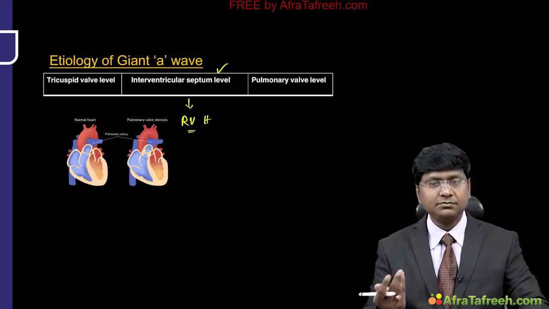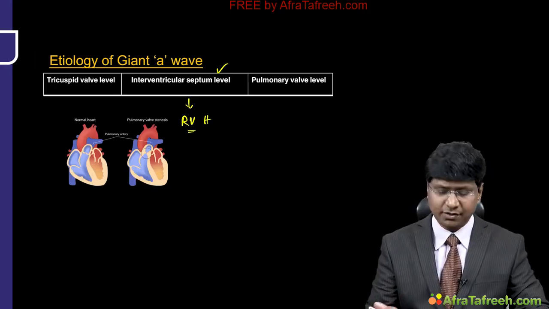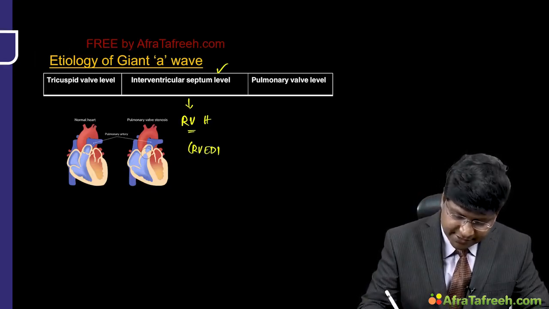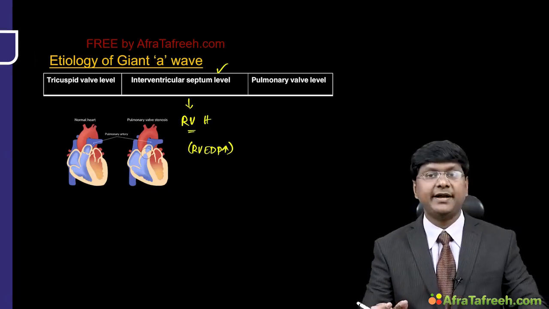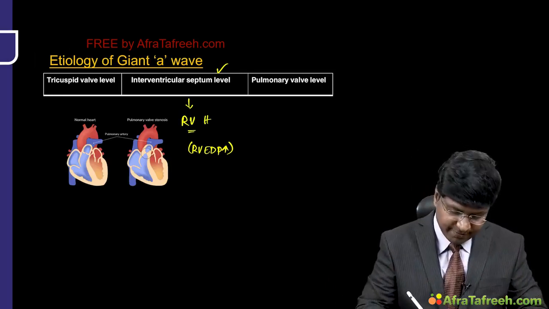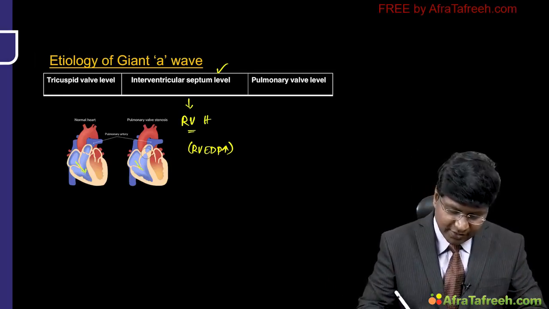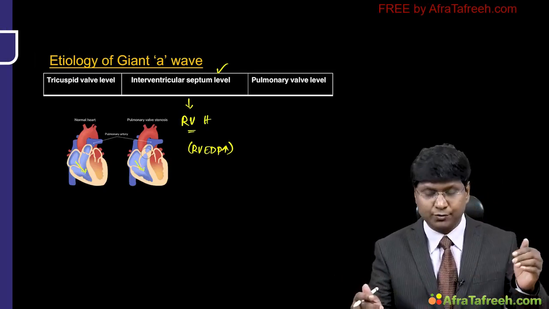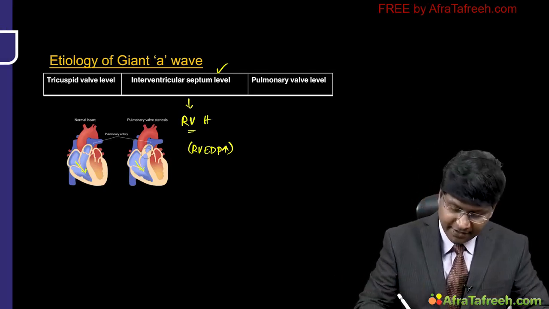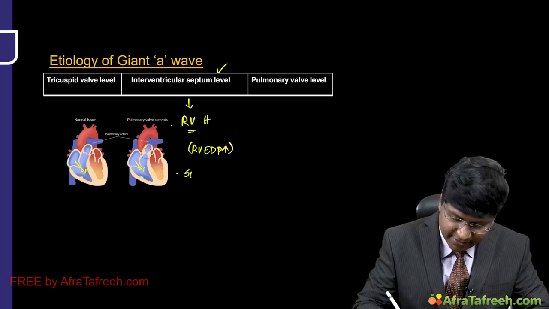When there is right ventricular hypertrophy, the right ventricular end diastolic pressure increases. Once the right ventricular end diastolic pressure increases, the right atrium has to contract very strongly to push the blood into the right ventricle. Once the right atrium contracts strongly to push the blood into the right ventricle, again you get this giant A wave. Next is subvalvular stenosis.